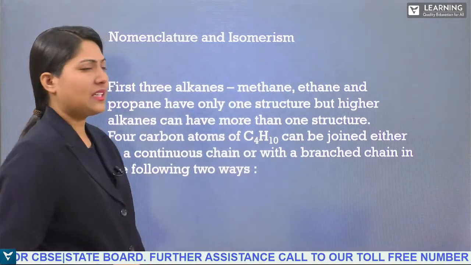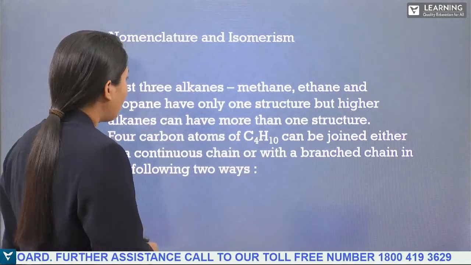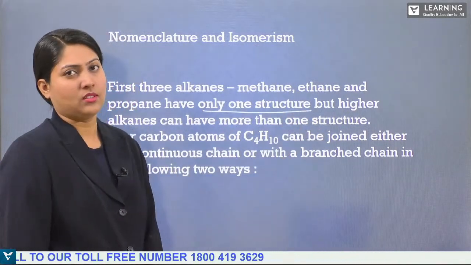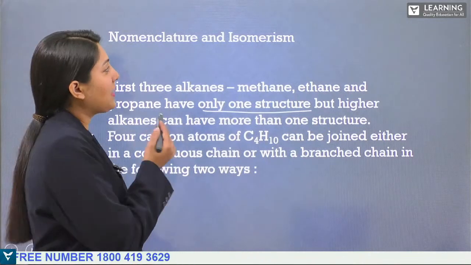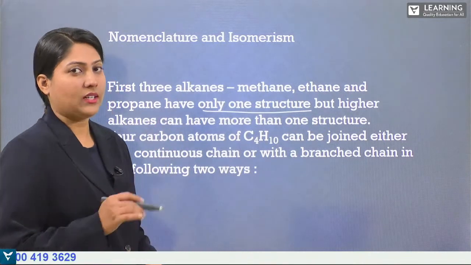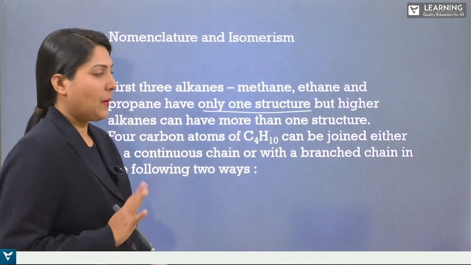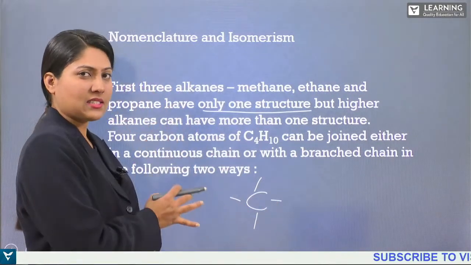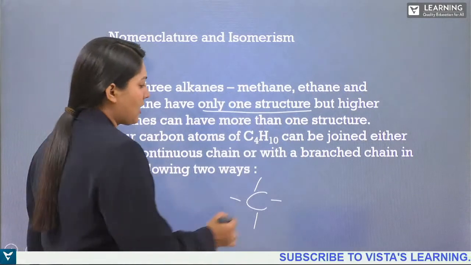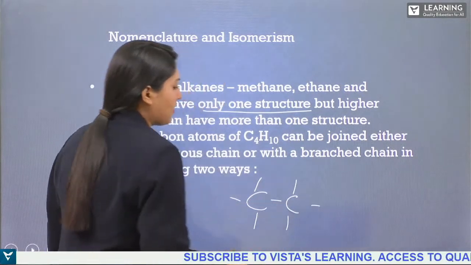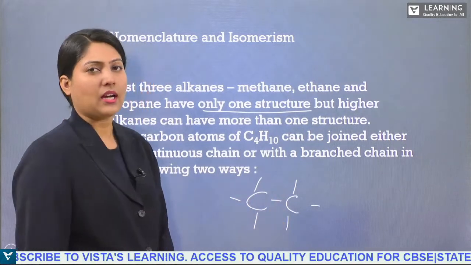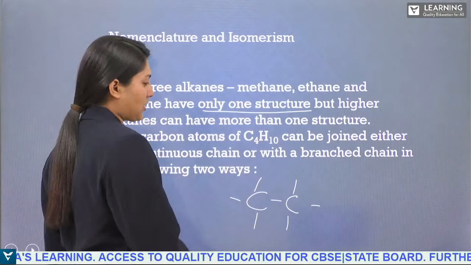So the first three alkanes, methane, ethane and propane, have only one structure. They cannot have any isomers. Methane, CH4, I can write only this structure. There is no other structure for this. And for ethane, we have only two carbon atoms. There are no other structures.